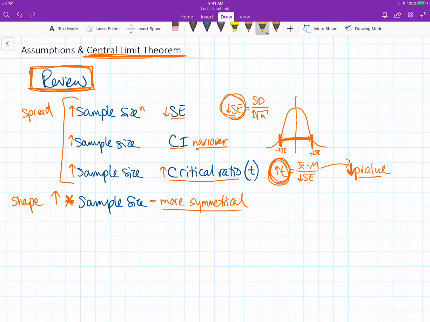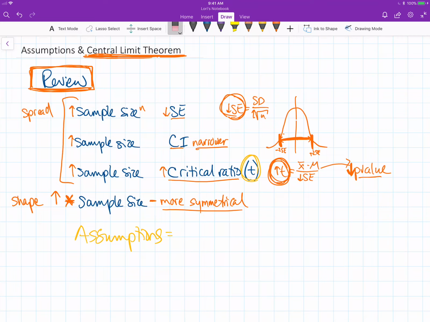And that is because one of the assumptions of performing this t-test or a z-test or a lot of the different kinds of tests that we do is that the sampling distribution of the mean, that's not standard deviation. Let me clarify that.